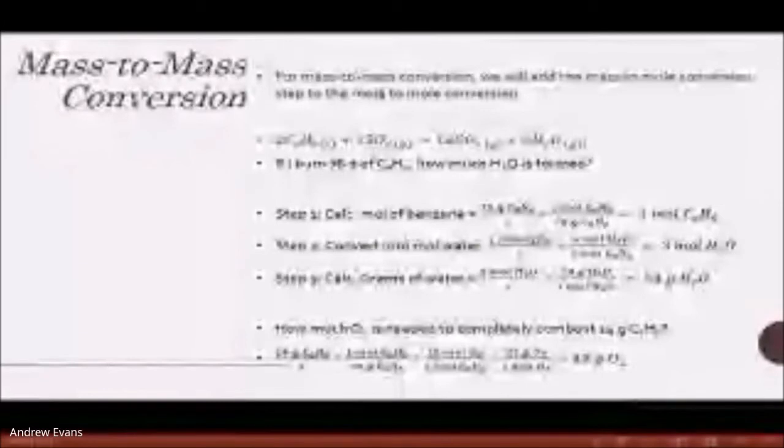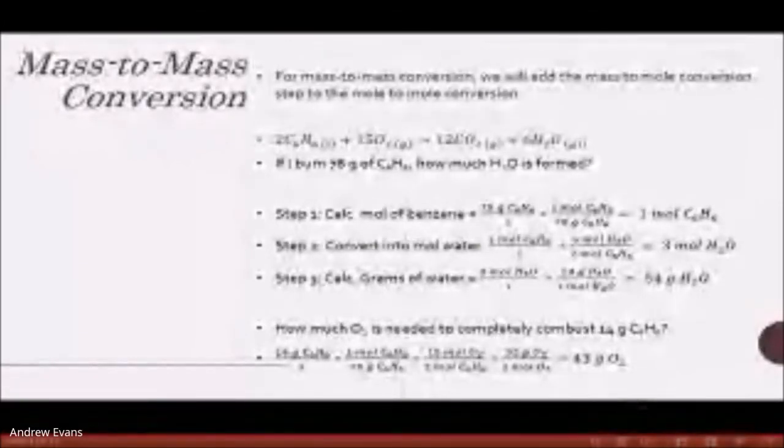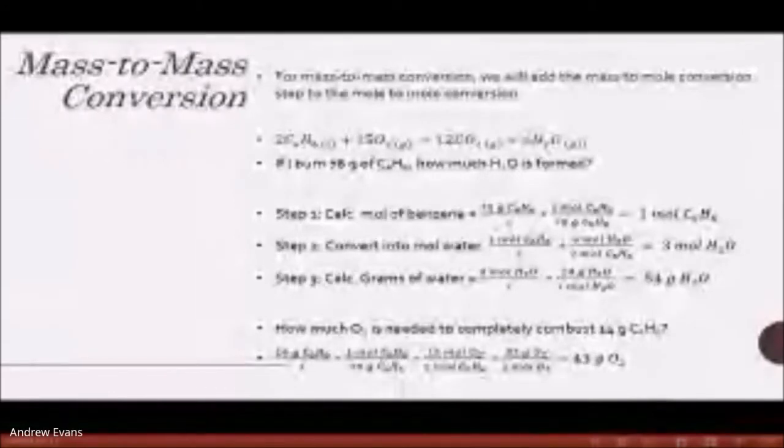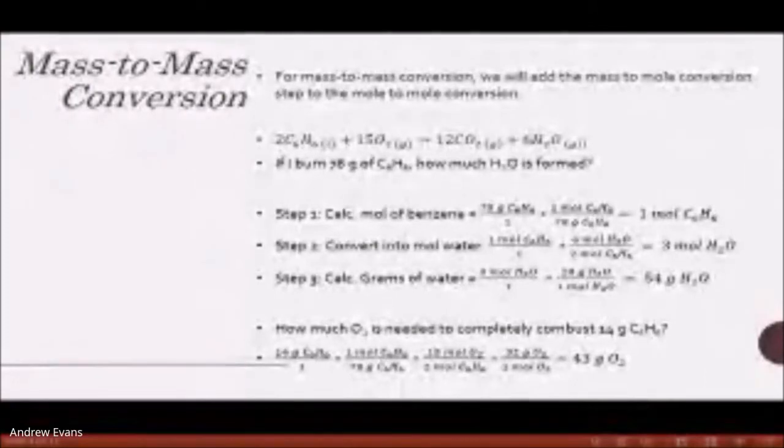So this is one of the big things we're going to have to be able to do. Almost every part of this chapter, there's a few more things we will introduce, but almost everything in this chapter will come back to this basic process. When I talk about limiting reagents in a few minutes, maybe like Friday, if I don't get to it today, limiting reagents will require you to do this 2 times.